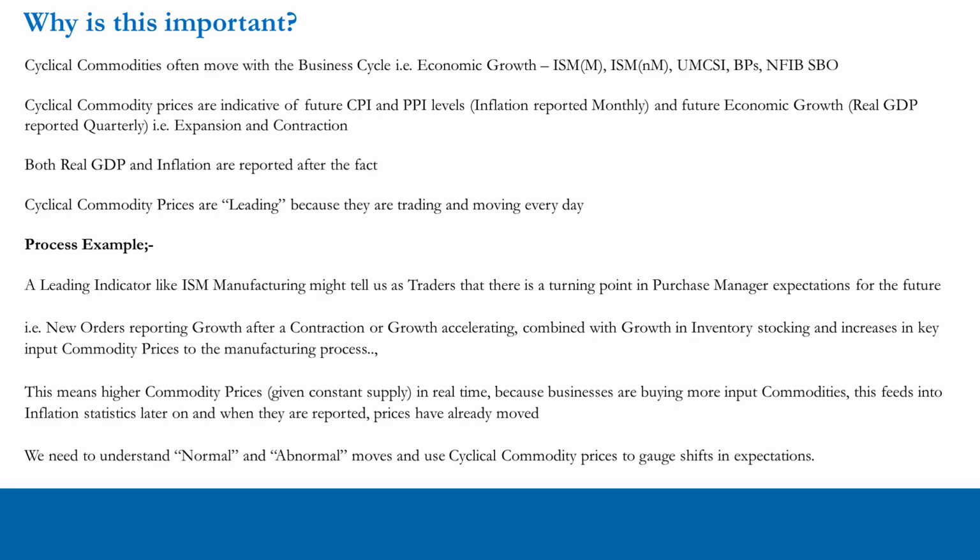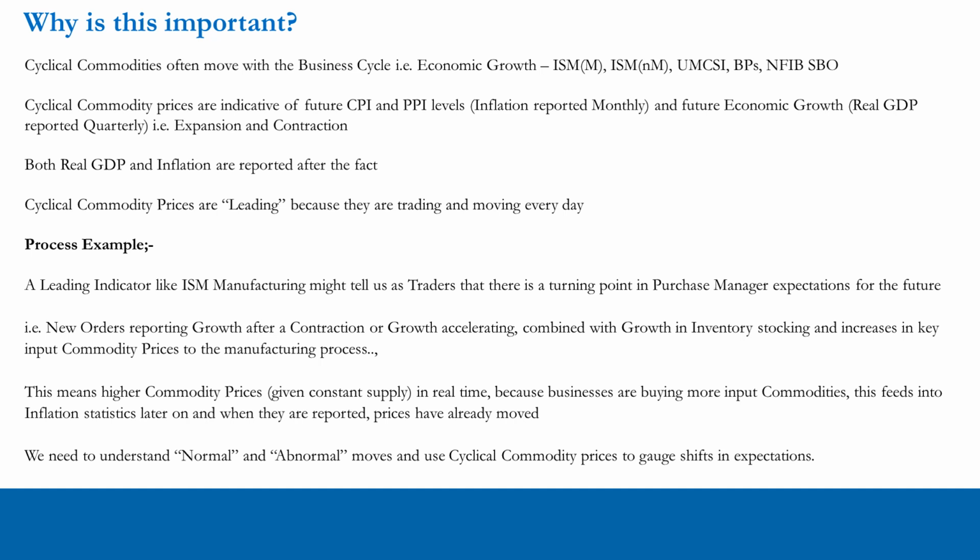So what does that mean? It means we're getting higher commodity prices, and we have to assume here, as in the example, that we have a constant supply of the commodity. So supply is not moving, and we're concentrating on demand. There are higher commodity prices given a constant supply in real time because businesses are buying more input commodities, and this feeds into the inflation statistics later when they're reported monthly.